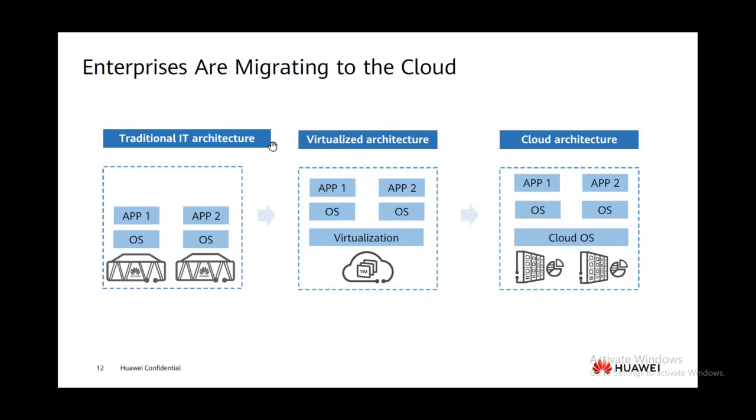And that means that you are utilizing a single machine, creating multiple virtual machines, and then creating multiple operating systems. And then we can use multiple applications on each of the operating systems.